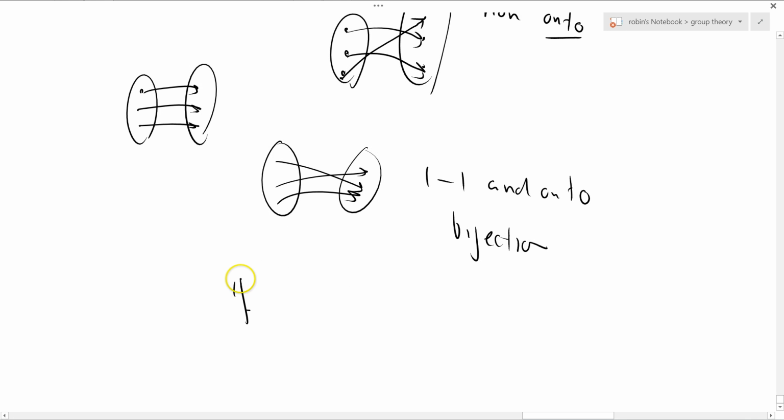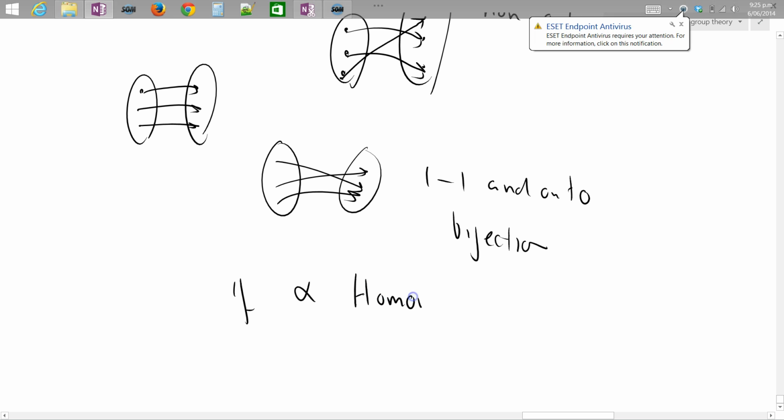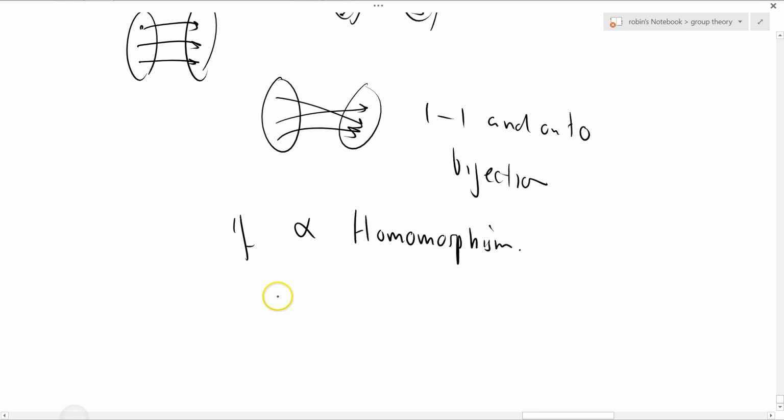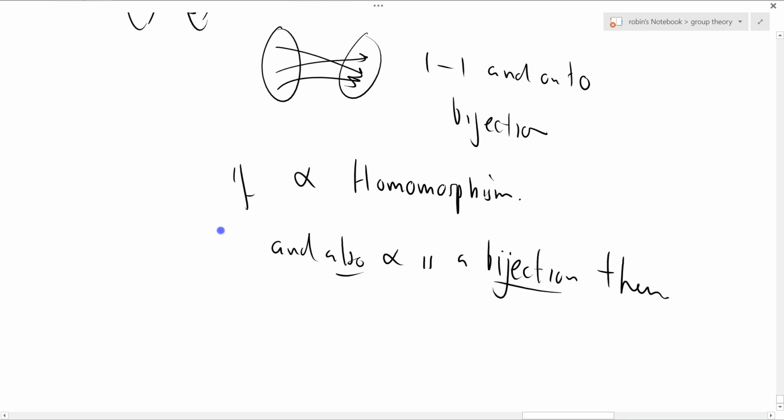And if you have alpha being a homomorphism, by virtue of its behaviour under the group operations, and also alpha is a bijection, then alpha has a special name.